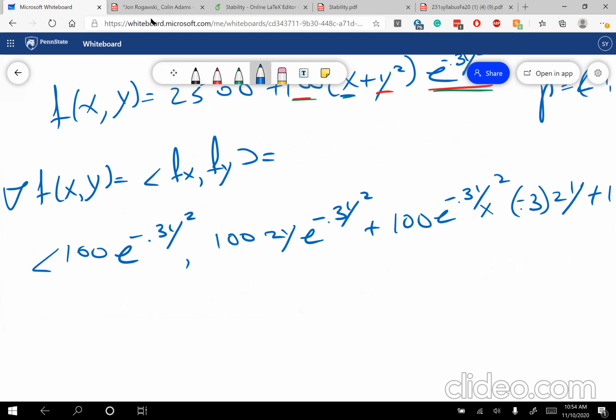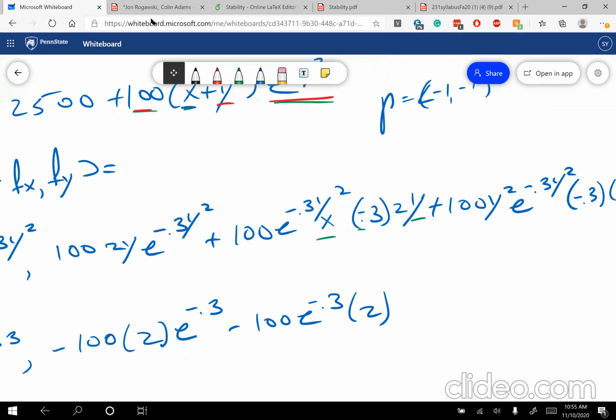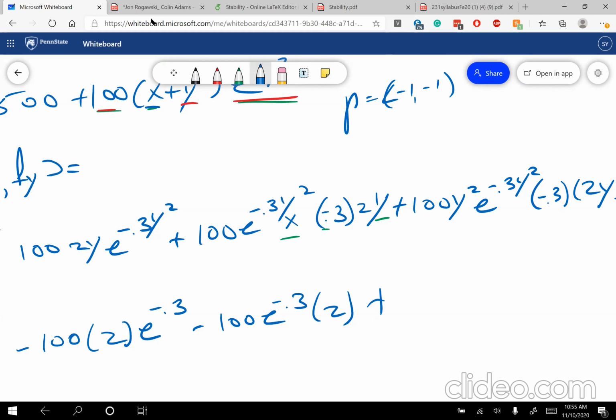So plugging that in, we get 100 e to the negative 0.3, comma, and then over here we're going to get negative 100 times 2 e to the negative 0.3, and then in the second line we have a negative from here, a negative from here, and a negative from here, so we're going to get minus 100 e to the negative 0.3 times 2, and then plus 100 e to the negative 0.3 times negative 0.3 times 2. And this negative cancels with the negative from the y.